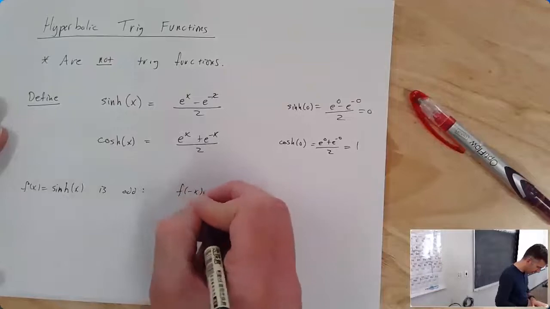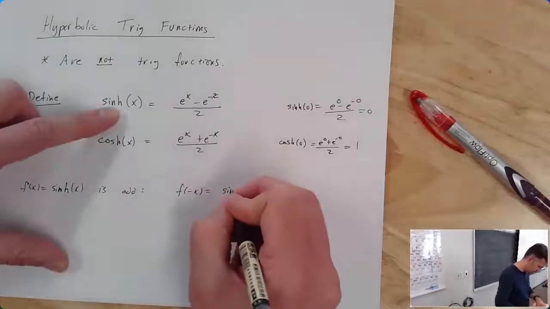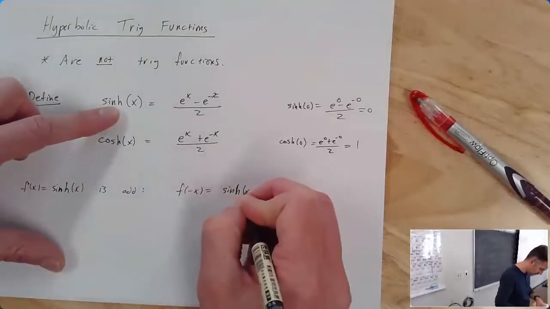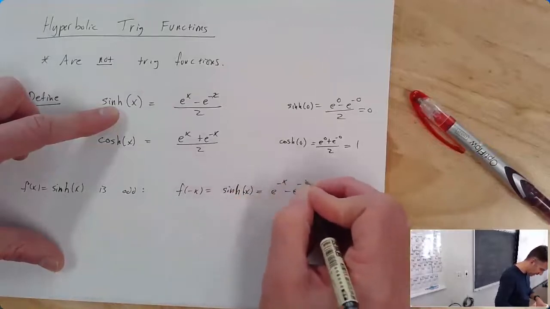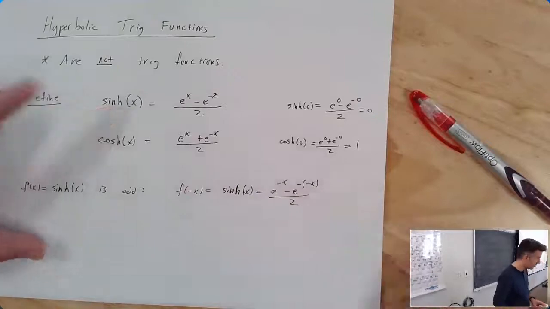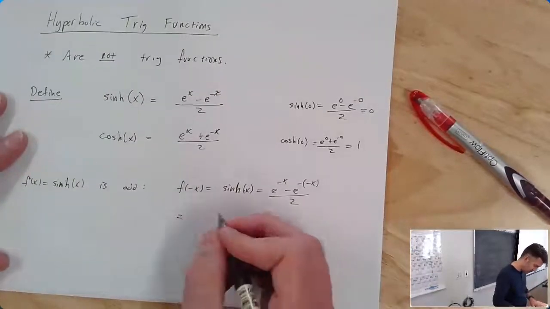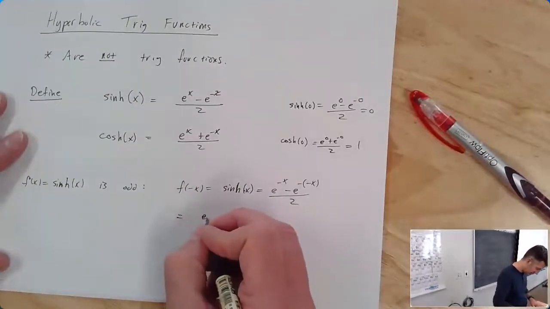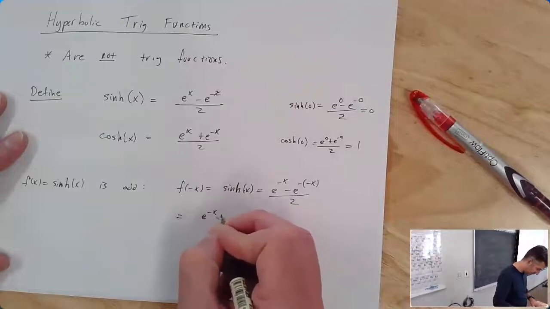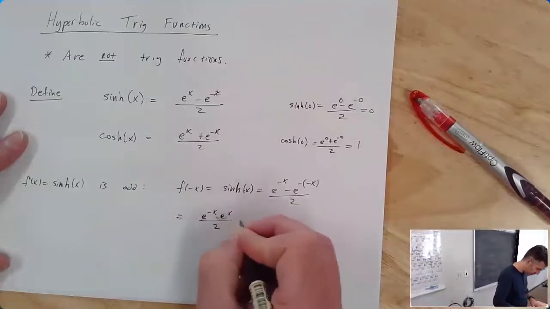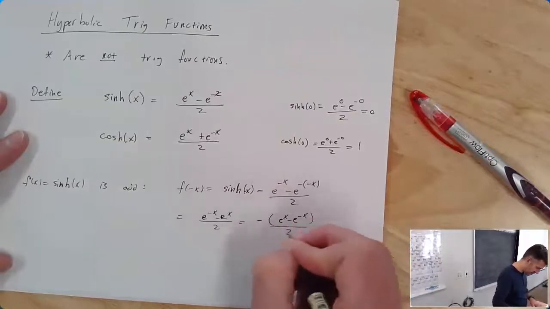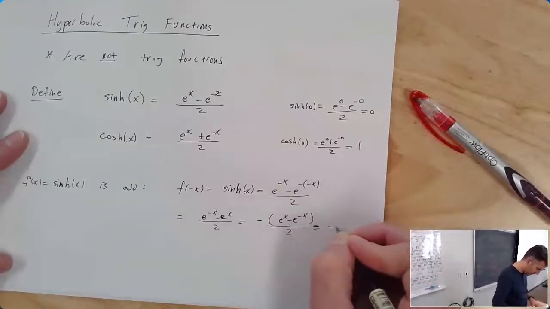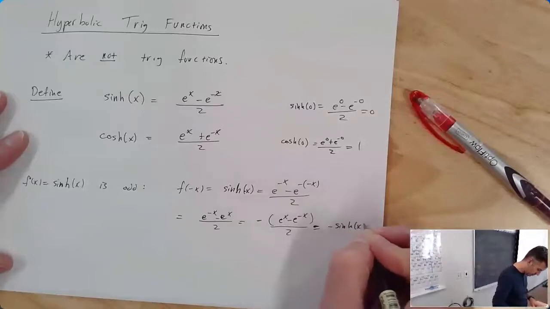F of negative x, which is hyperbolic sine of negative x, is e to the negative x minus e to the x over 2, which is negative e to the x minus e to the negative x over 2, which is the negative of hyperbolic sine of x, which is what makes it odd.